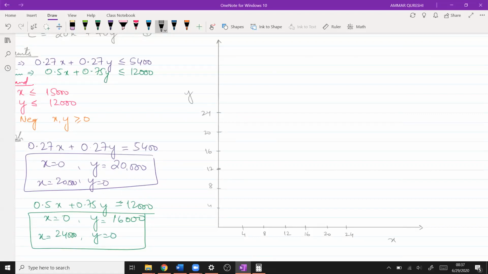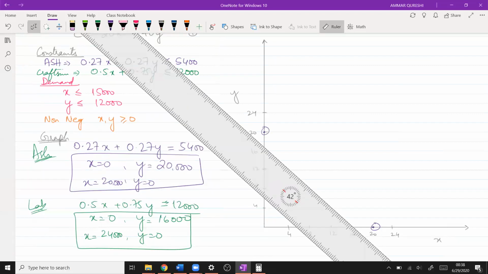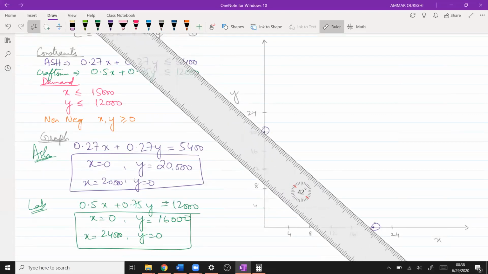So first we have to plot. You may pause this video and do it on your own. First we have to plot ash. Ash is 20,000 and 20,000 on both axes. So it's simple.